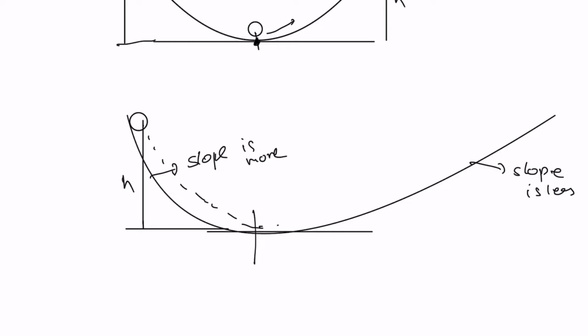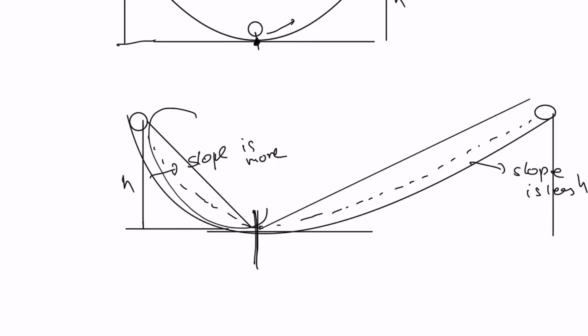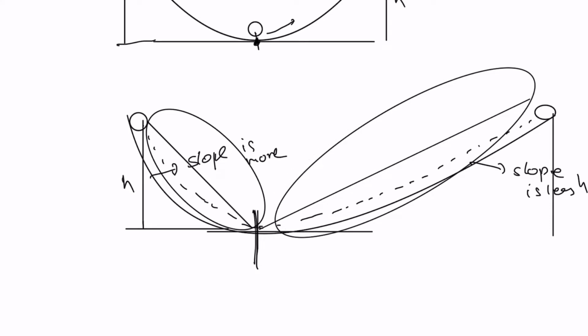See here, again it rises up, and the ball goes again here also to the same height. So here the ball again rises up with the same height. Compare these displacements about this point. This displacement is less than this displacement.